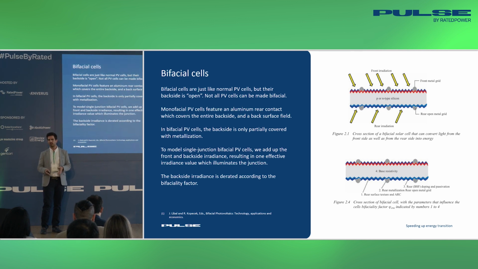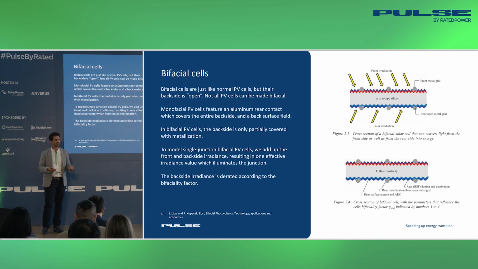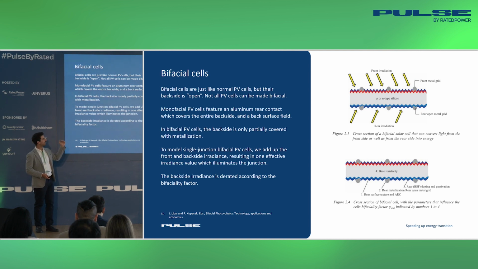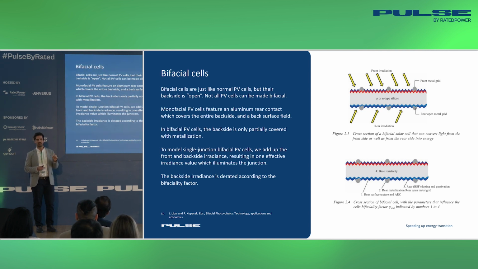And then with PERC PV cells, this became much easier and almost natural in a sense to do. And so, as you can see, it's just removing the back face, and you have a bifacial cell. Another interesting point, which will become important later, is that the PN junction in the PV cell is the same PN junction, it's the same piece of silicon. We are not changing that. And that will become relevant for the modeling part later.